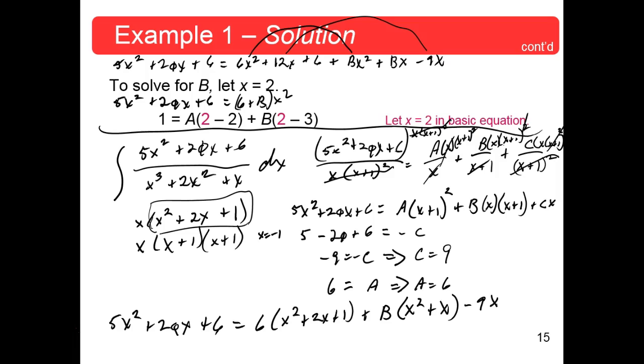Yeah, it's pretty hard stuff. 3x plus bx, so that would be plus 3 plus b x, right? Okay, you see that? The 12x minus 9x is 3x plus bx. It would be 3 plus b x.